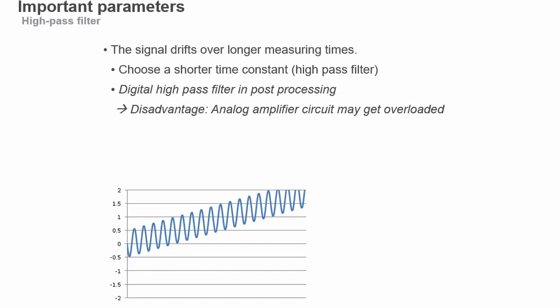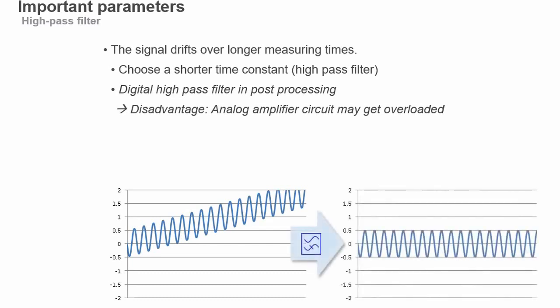Okay. There are multiple reasons for this drifting, and we will just see some of the very common reasons for the cause of drift. Okay, so if a drift is seen in your data, we apply a high-pass filter which allows us to bring the data into the format that is required.